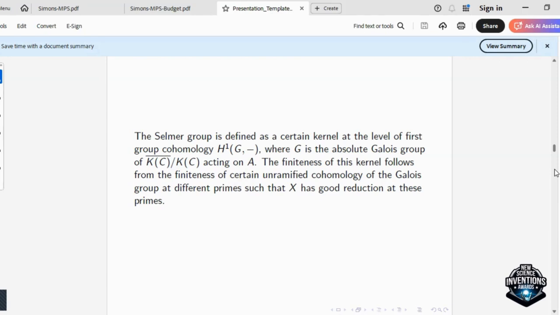For example, here we are considering the abelian variety A, where G is the absolute Galois group of this function field, I mean the algebraic closure of the function field, acting on A. The finiteness of this kernel follows from the finiteness of certain unramified cohomology of the Galois groups at different primes, such that X has good reduction at these primes.